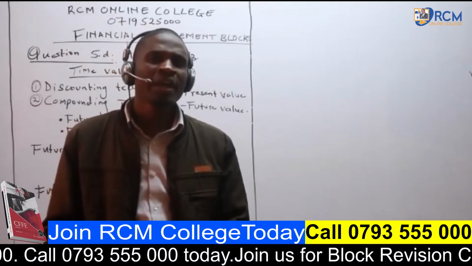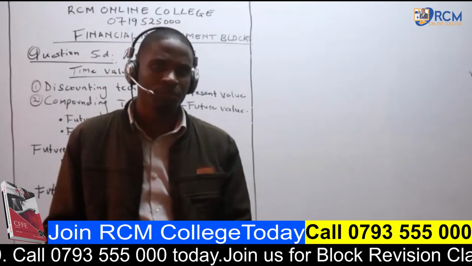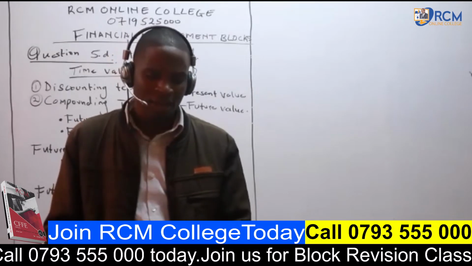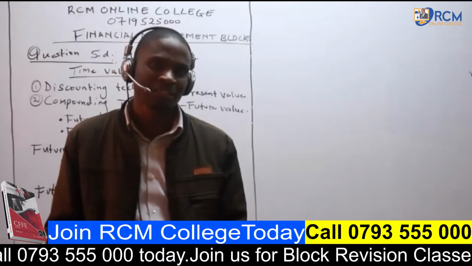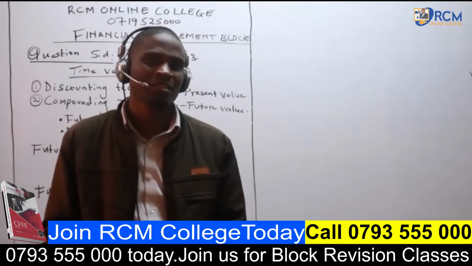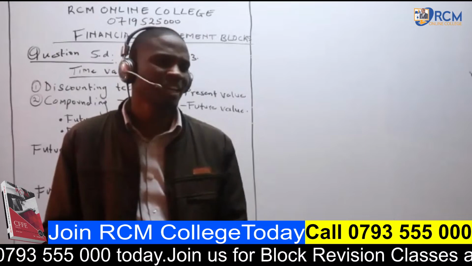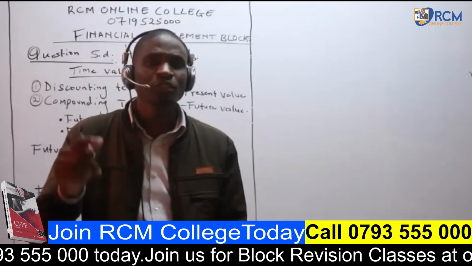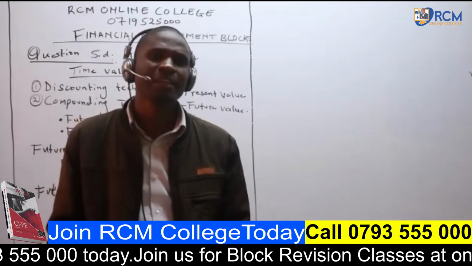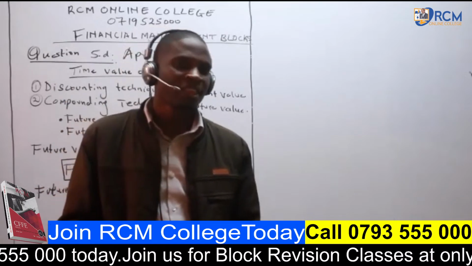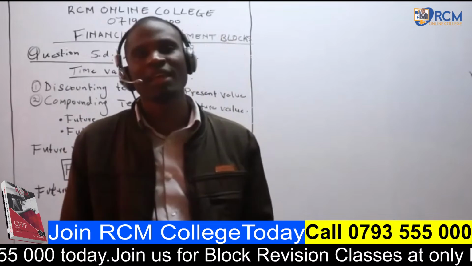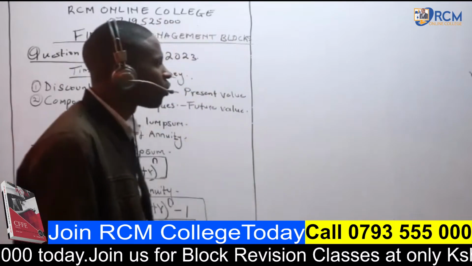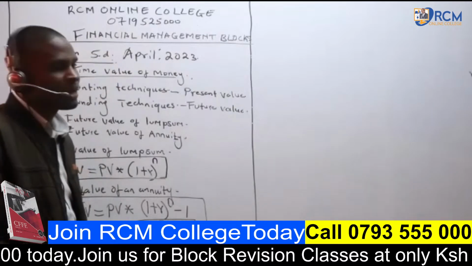Now, where the most students missed is here, where we have the number of months. They used 10 years. And remember, you are told that it is compounded monthly. Who can give me the number of months that Osoro is going to invest this money?